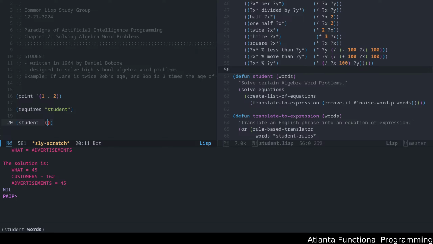Now, if you recall, when we discussed Student last week, the Student interface that Norvig, the author, created still requires you to write the word problem into a list rather than passing in a string, like we see there on line 18.